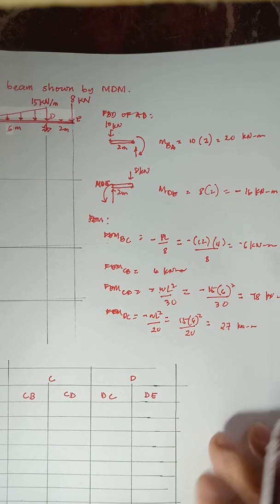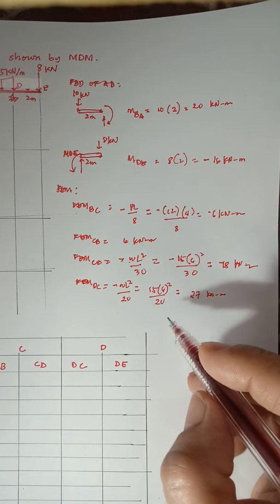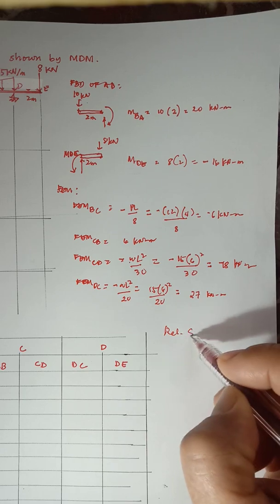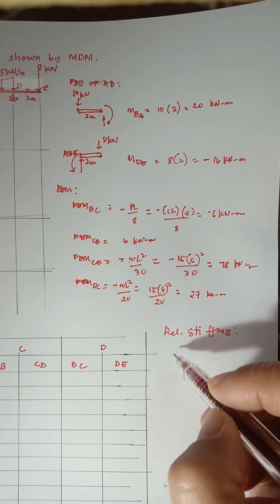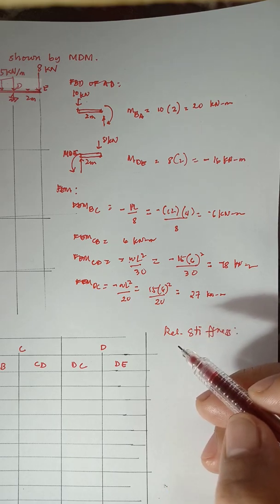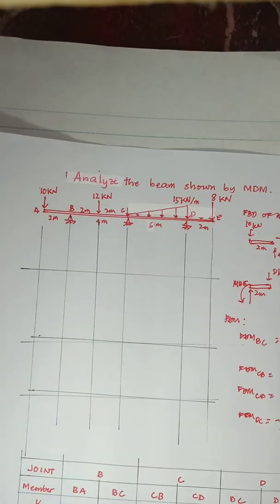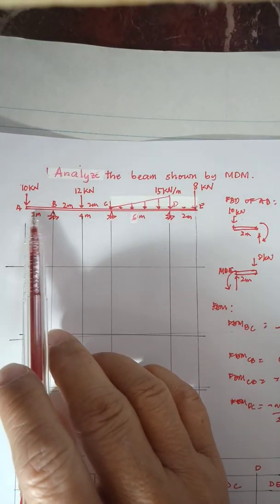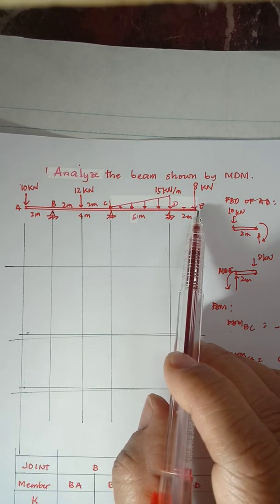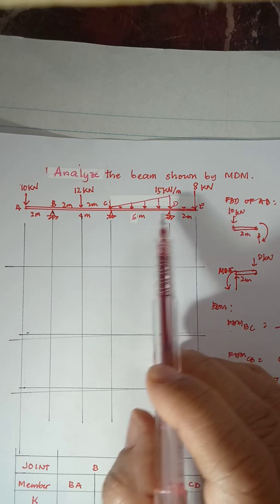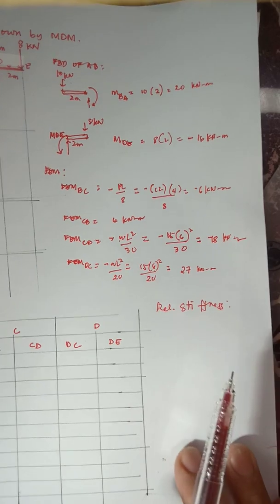Okay, so we solve for our relative stiffness. At the overhang end, you don't solve for the relative stiffness because it is just a continuation there. So you only solve one relative stiffness for member BC. And also here, DE is an overhang, so only the relative stiffness of CD.